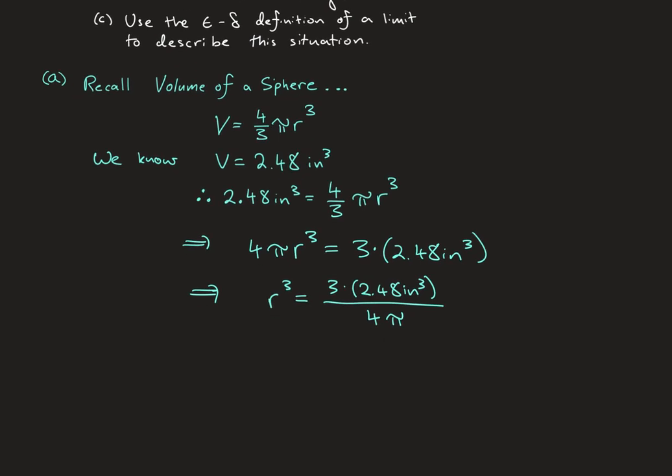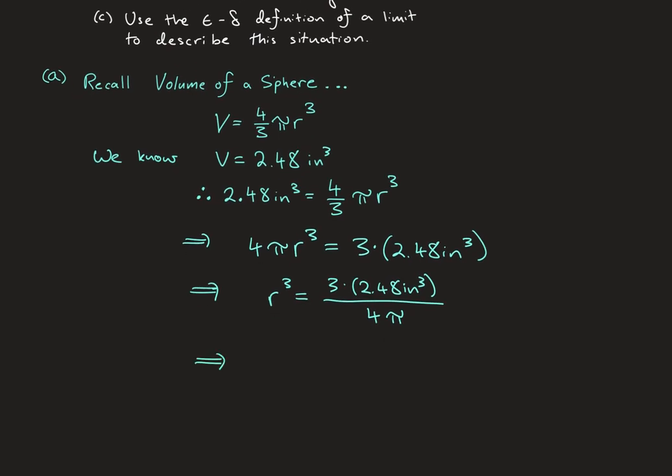Cube rooting both sides of the equation, this tells us that r must be equal to the cubed root of 3 times 2.48 divided by 4 pi inches. Notice the inches escaped the cubed root. And that gives us our answer.